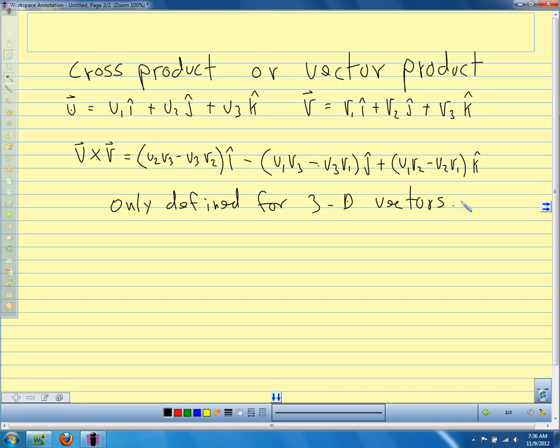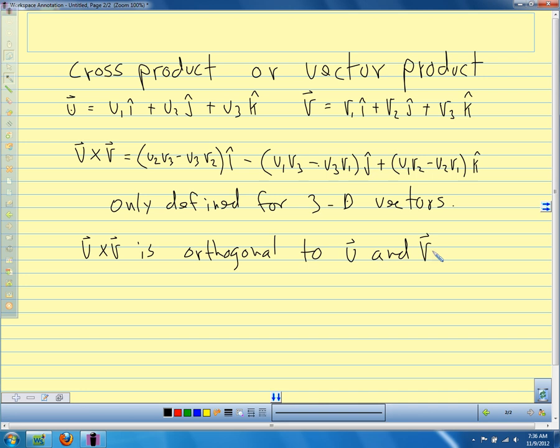One important thing that makes the cross product very useful is u cross v is orthogonal to u and v. And the direction of the cross product, if we're in a right-handed coordinate system, we use the right-hand rule.